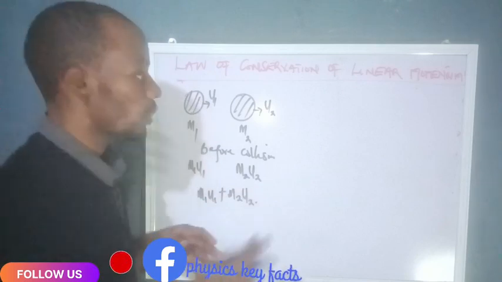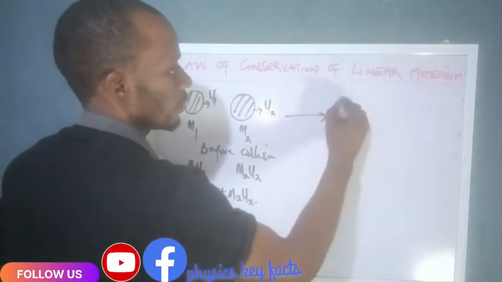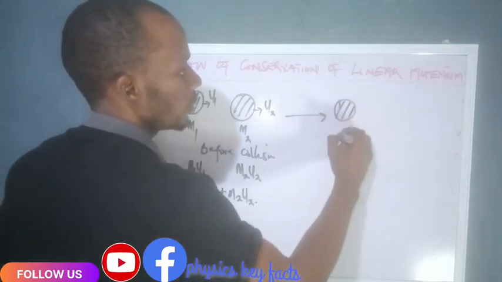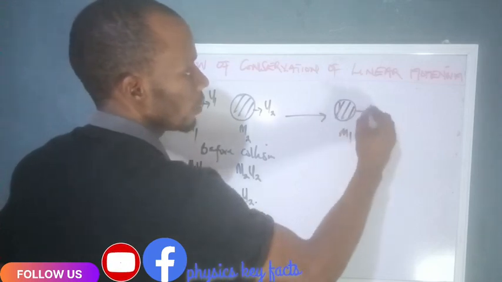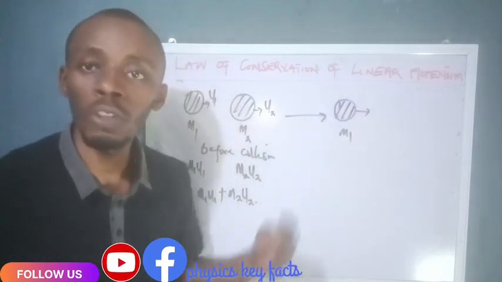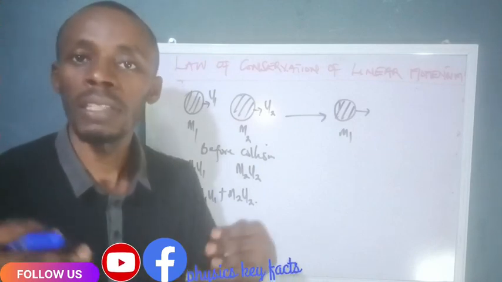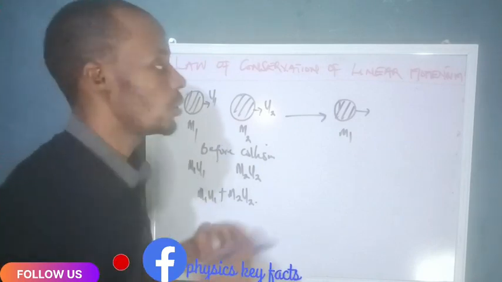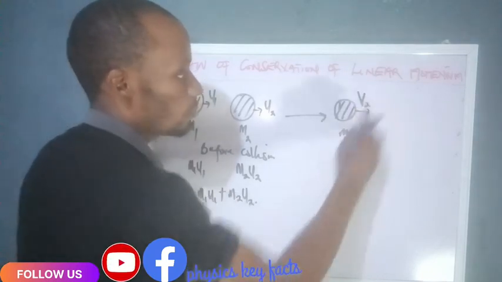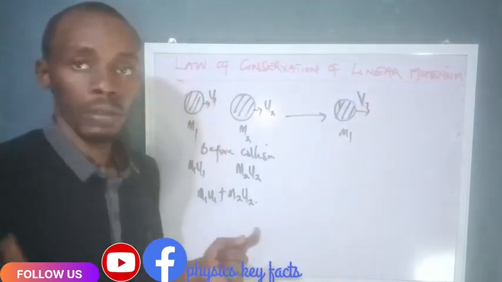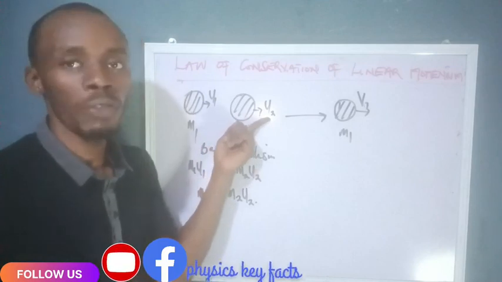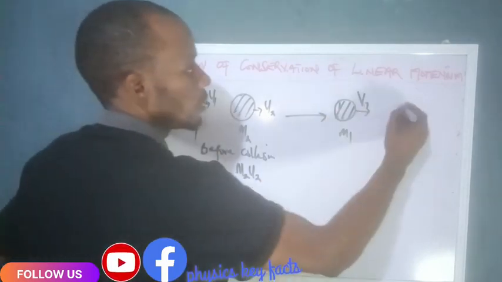So once this body collides, we'll have this same body m1, but it's assuming another velocity because collision has taken place. And as long as collision has taken place, a change in momentum has occurred. So we have v1 now. Observe that the velocity is no longer u, it is now v.